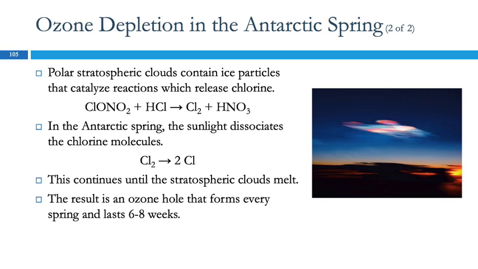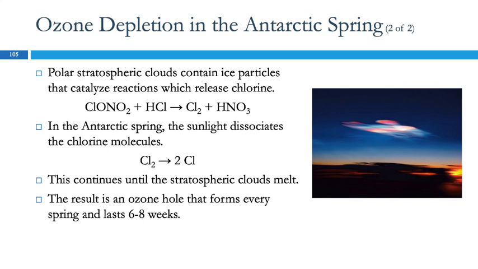So clouds over the South Pole, polar stratospheric clouds, have ice particles in them. So, we think of clouds as being droplets of water. Well, if it's very cold, they're droplets of ice. And those ice particles catalyze reactions that release chlorine. In the Arctic Spring, which is the opposite of our spring, the sunlight is stronger down there.